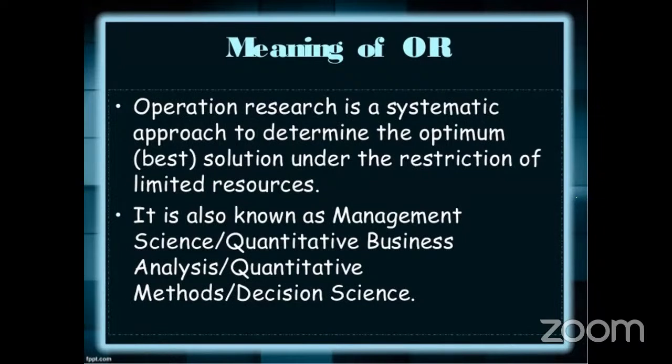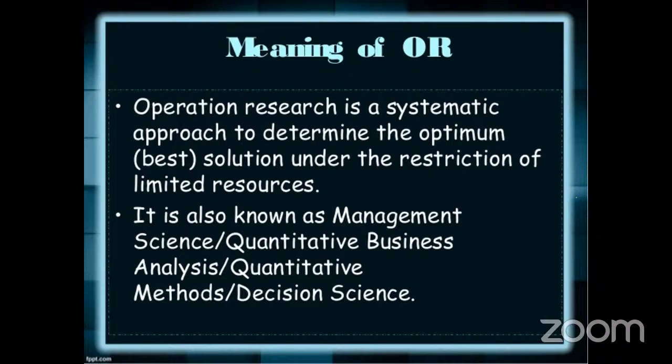Another name is quantitative methods, which you learned as a subject under statistics. And decision science, because where we have to take a decision, we utilize science. OR is a scientific or mathematical technique which comes under science, so we are using science in management, directly or indirectly. So operations research is a systematic approach to determine the best solution under the restriction of limited resources.